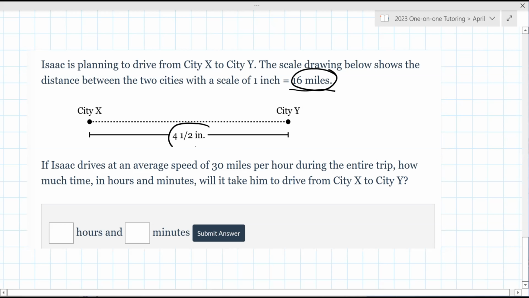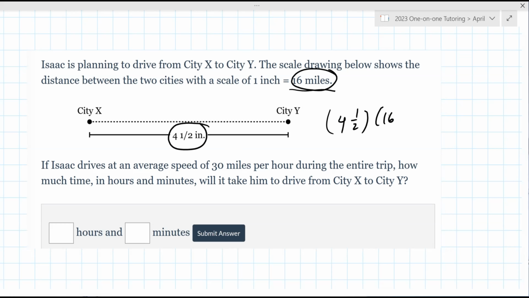So you take these two numbers and multiply them together.